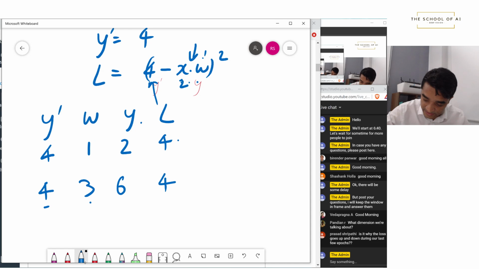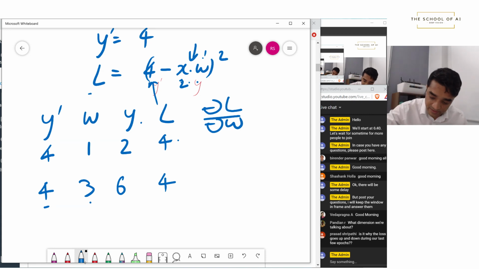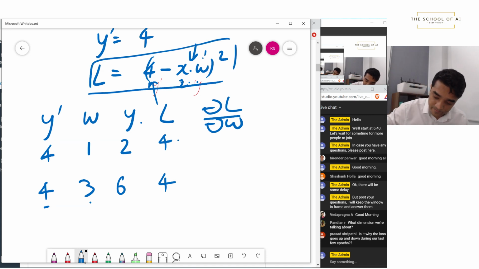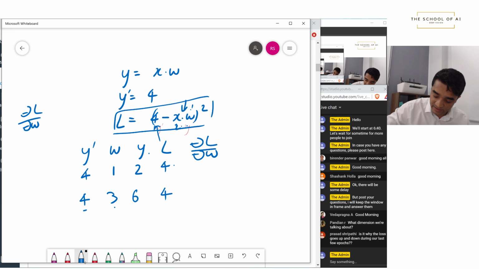Okay, now let's see this equation, delta L by delta W. Now delta L by delta W, if you see this, that is going to be the partial derivative of L with respect to the partial derivative of W. If you realize that we have this square, 4 is constant, or let's solve the equation.